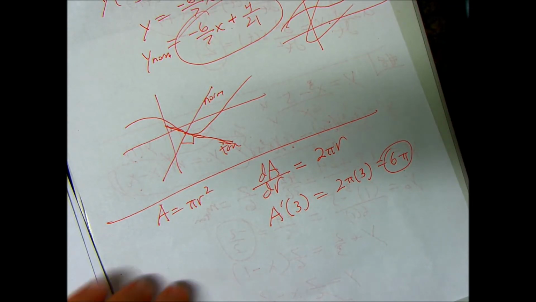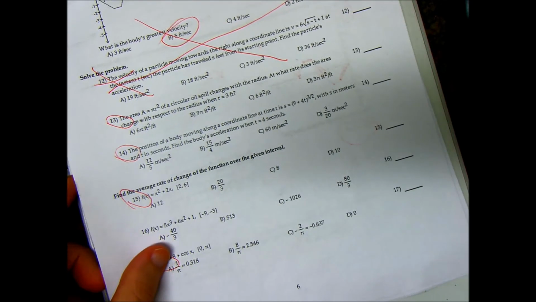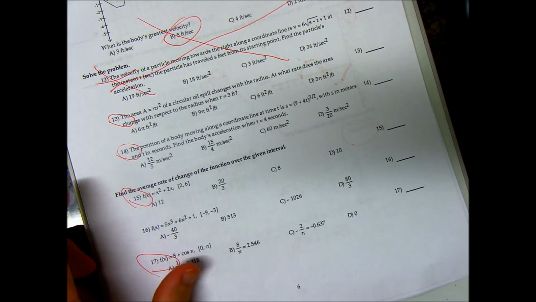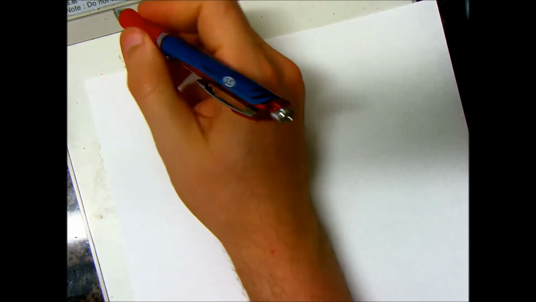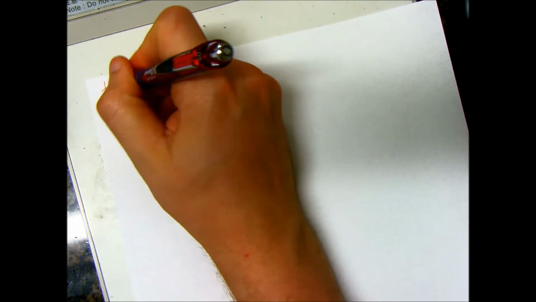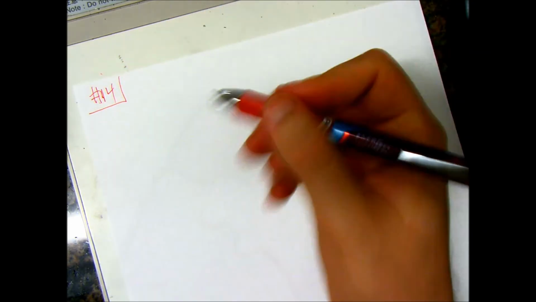Number 14 is a good one. The position of a body moving along a coordinate line at time t is s equal to this, with s in meters and t in seconds. Find the body's acceleration. So I hope your guess is that we would take the derivative twice, because velocity is the first derivative and then acceleration is the change in velocity.